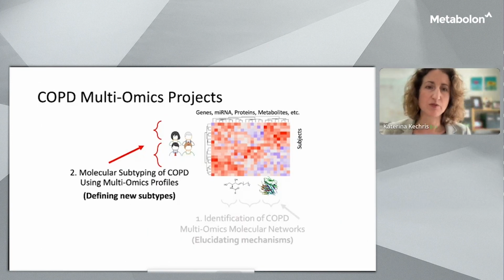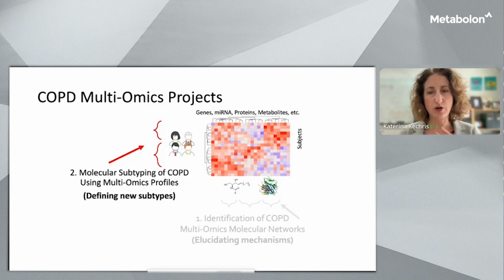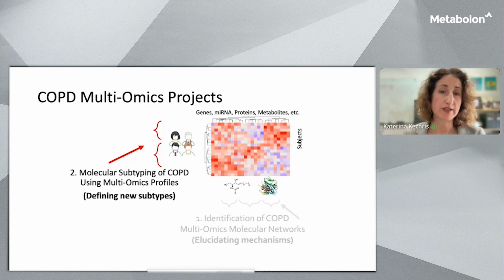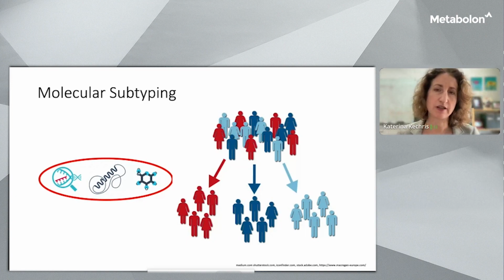So now I'll move on to the second part of my talk, which is kind of flipping the problem and not thinking so much about the features themselves and how they interact and are associated in potential mechanisms, but thinking more at the subject level. And as I mentioned, defining new subtypes. So just a conceptual figure of the problem.